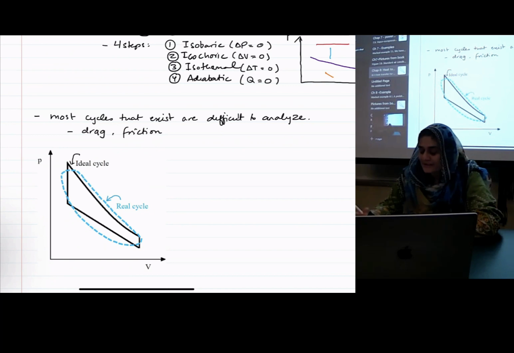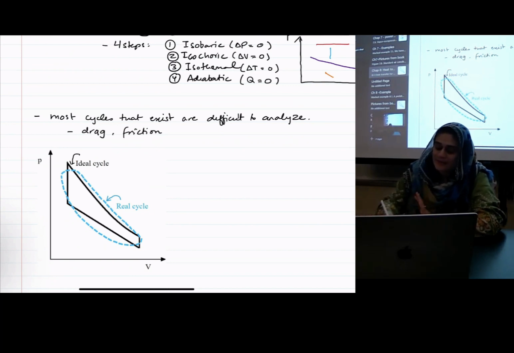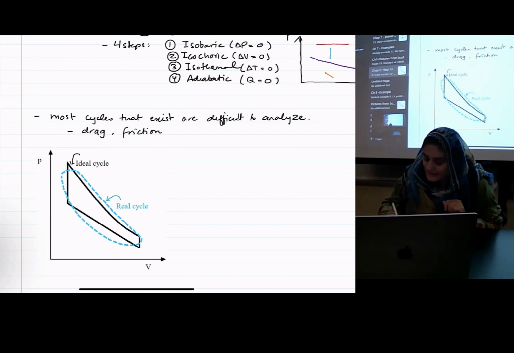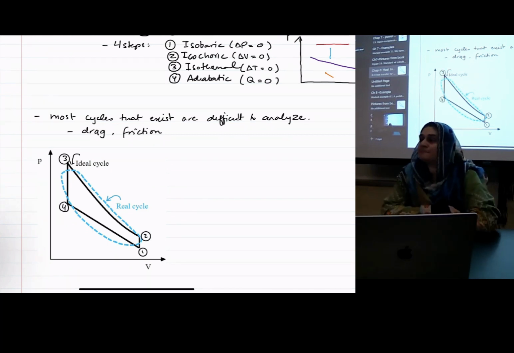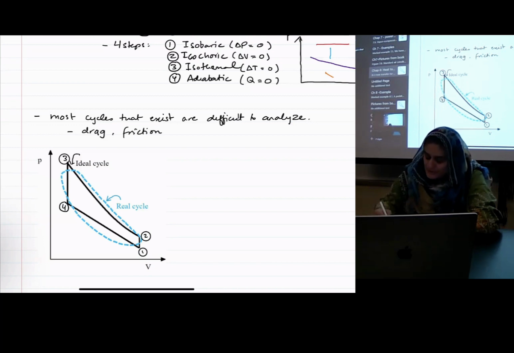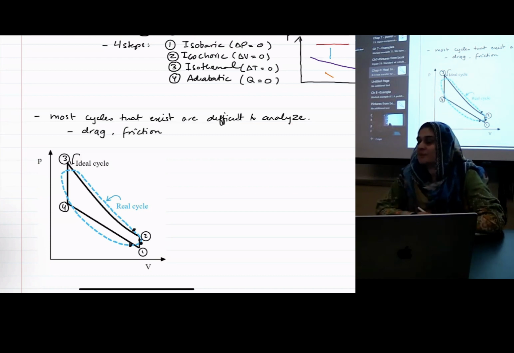In a real cycle, do you observe? So let's start with the ideal cycle. Let's go to the ideal cycle first. If this is my point 1, this is 2, this is 3, this is 4. Tell me on a real cycle where these points are. Who knows? Is it actually at this point, or is it this point that's 1? Is this point 2, or is this point 2? Right?